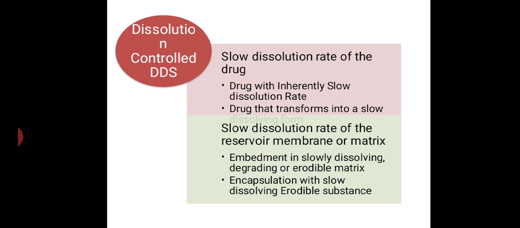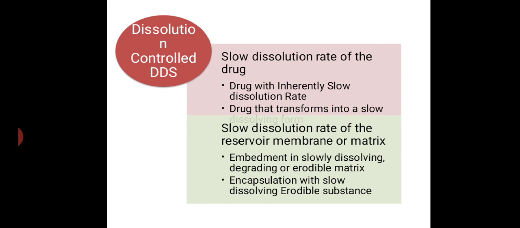Now, our target is to develop a pre-programmed controlled release drug delivery system. For developing it, we have different mechanisms. Out of that, one mechanism is dissolution controlled drug delivery system.